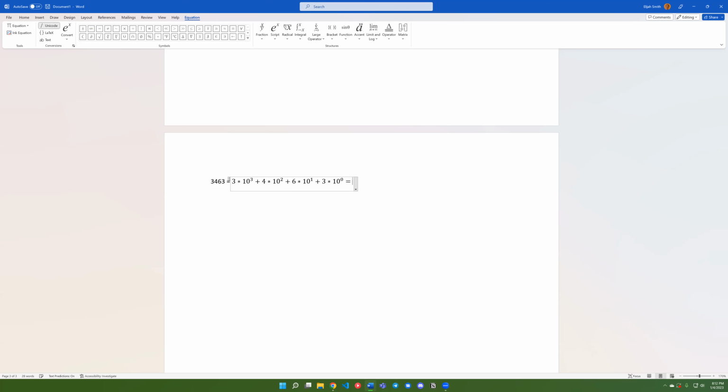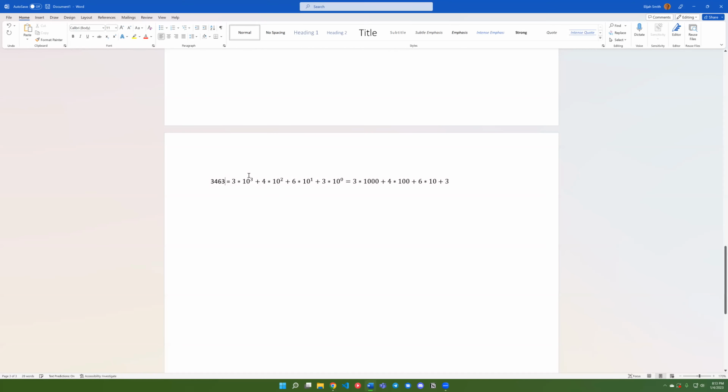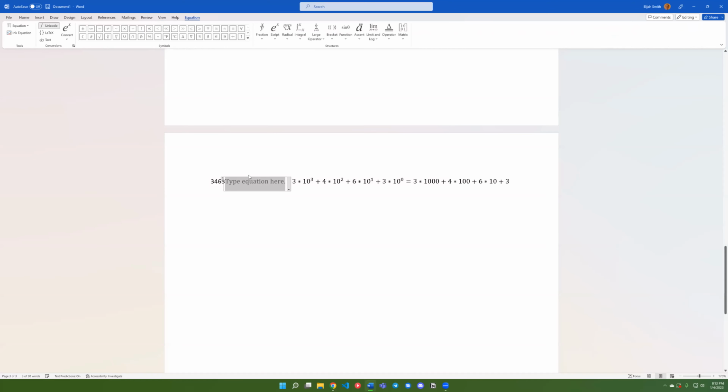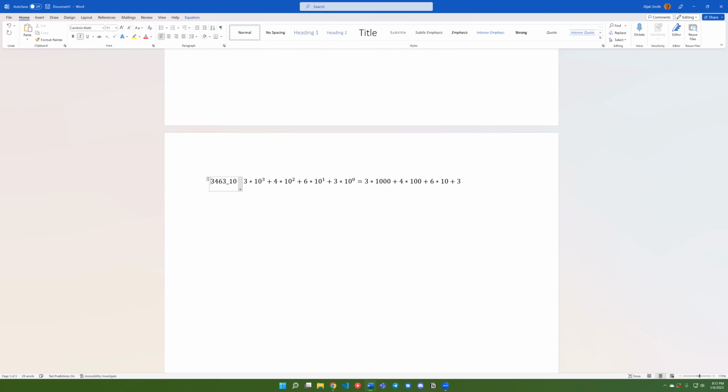And so this becomes 3 times 1000 plus 4 times 100 plus 6 times 10 plus 3. If we add all these together, we'll get our number here. So we can say that this is in decimal, which is base 10. This is what we use on a daily basis.